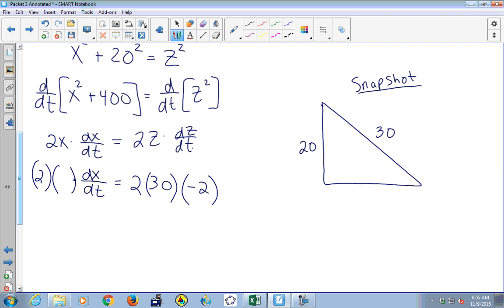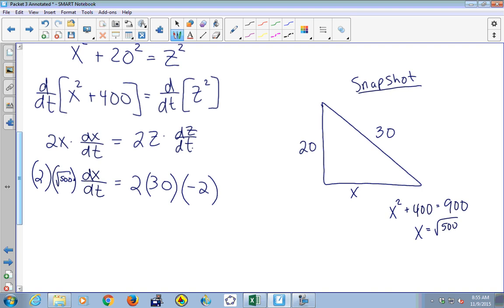So now I put in the 30 for z. And then I can use the Pythagorean theorem to figure out x. So x squared plus 400 is 900. So x is the square root of 500. I'm just going to leave it like that for now. Square root of 500.